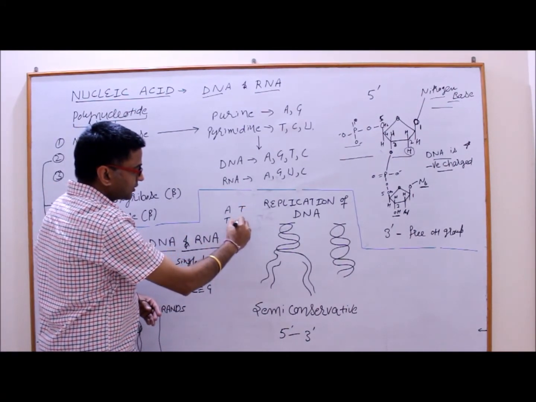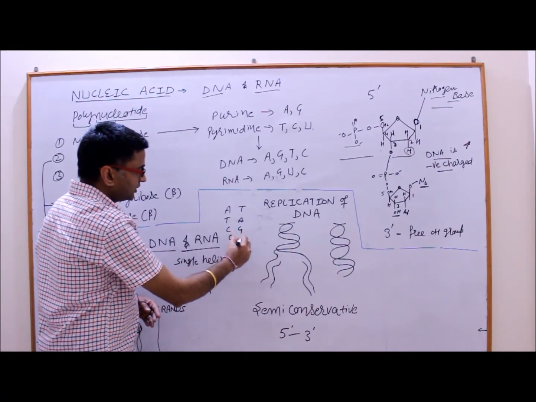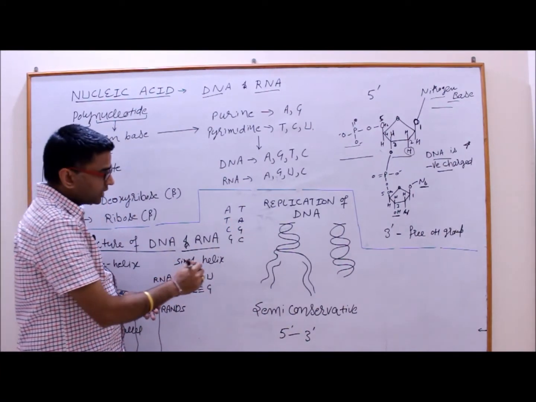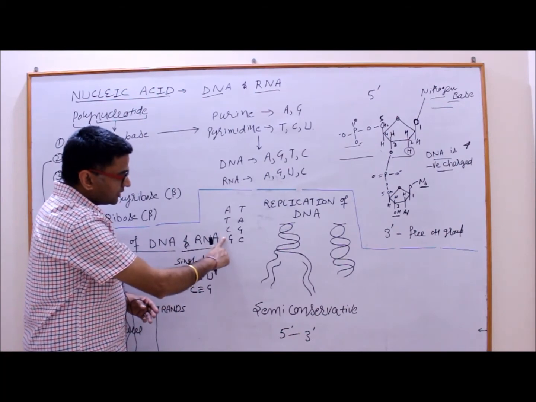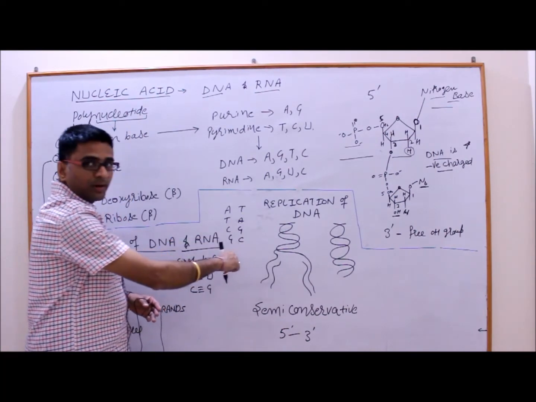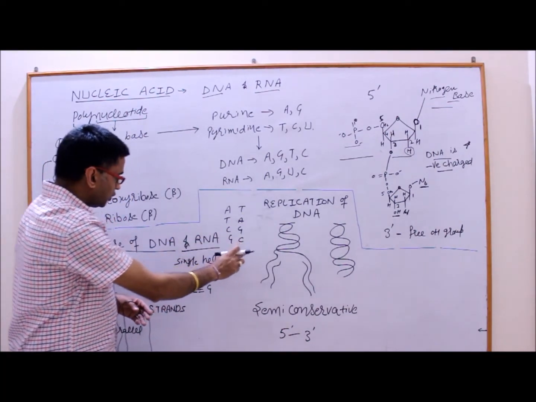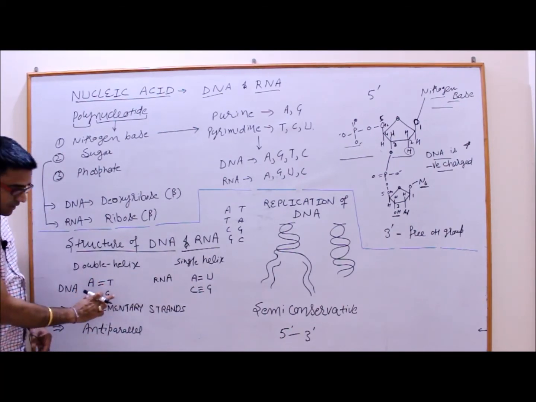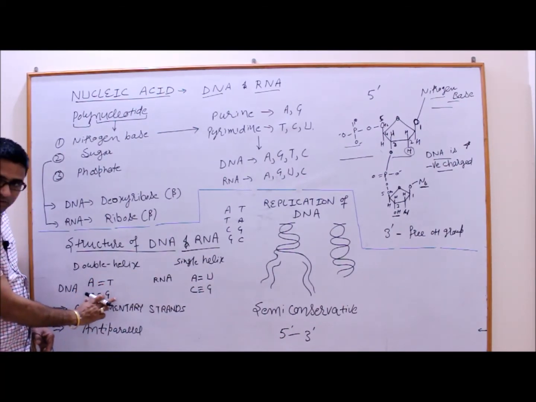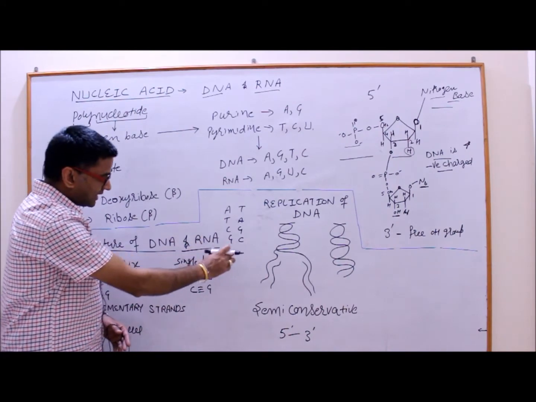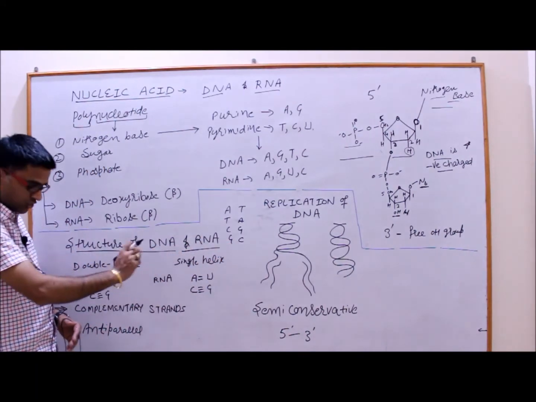This would be T, this would be A, this would be G, this would be C. So if I know the sequence of one strand, the sequence of the other strand is automatically fixed, because we know that A always combines with T and C always combines with G. So that's why we say that the 2 strands are complementary to each other.